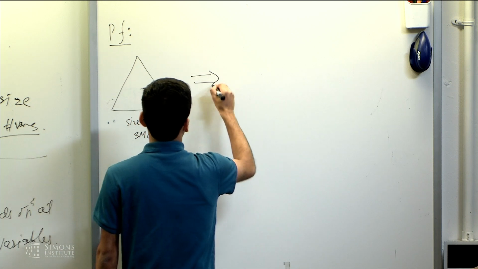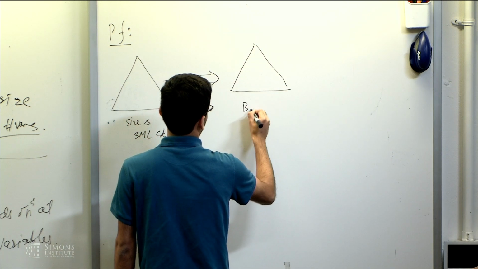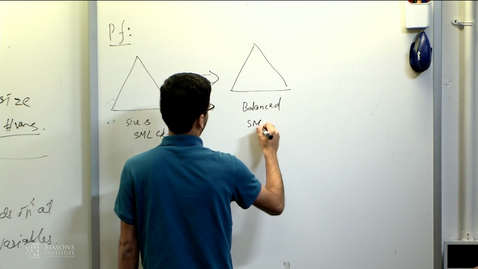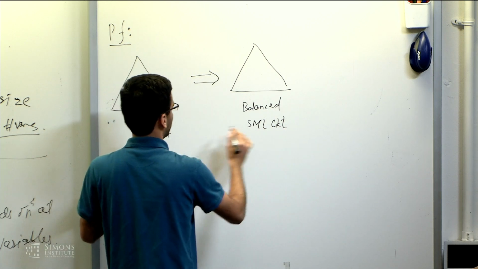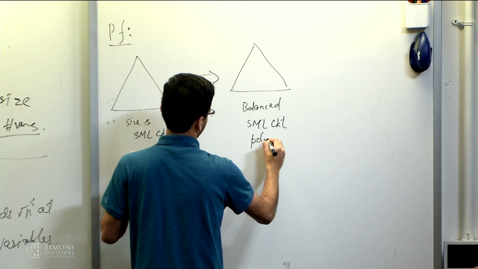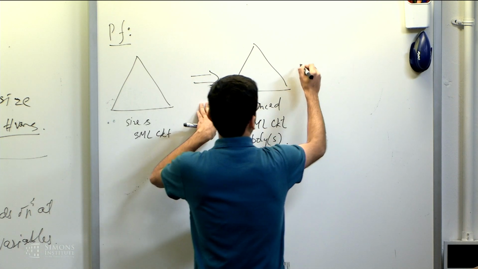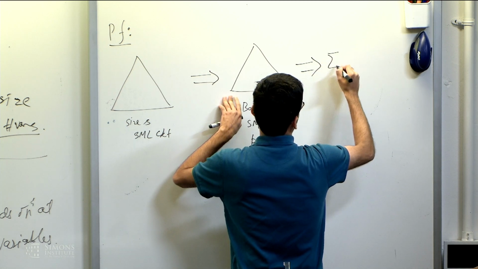And in the first step, we'll construct what we'll call a balanced syntactically multilinear circuit. I'll tell you what it is, but the size blow up in this step will only be poly s. And in the next step, we go from the balanced circuit to a depth 4 circuit.